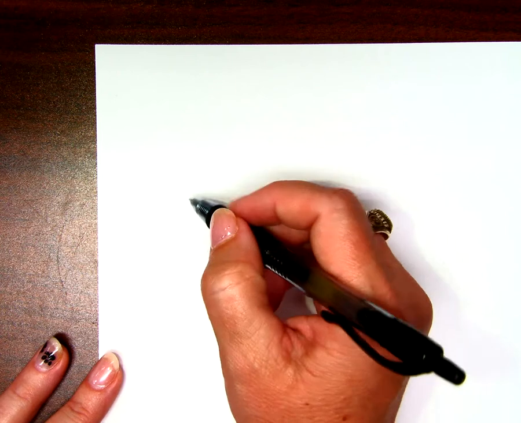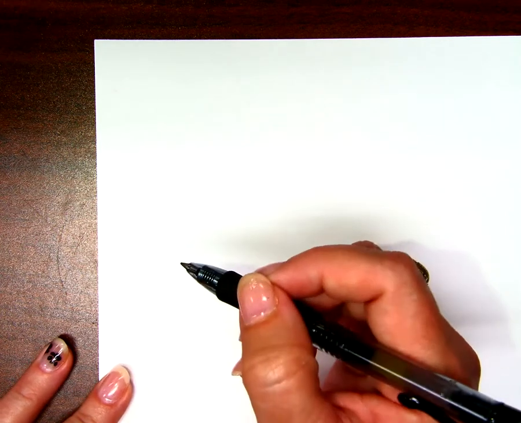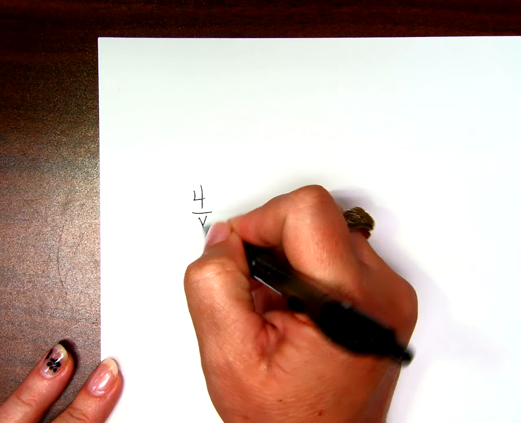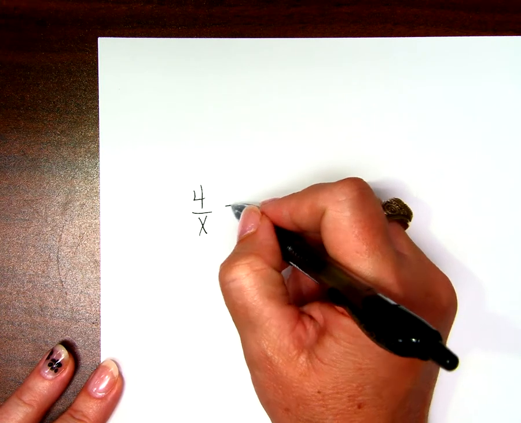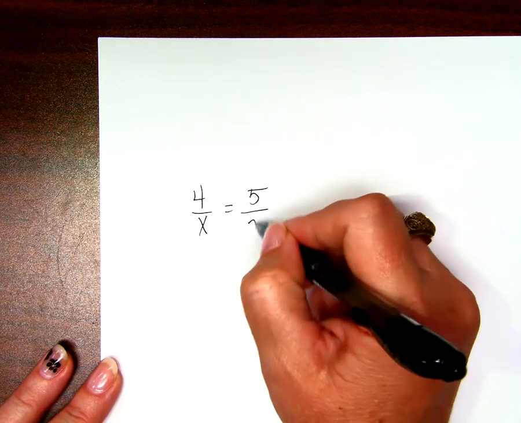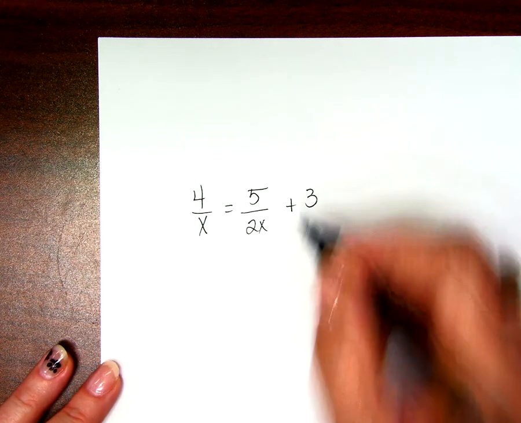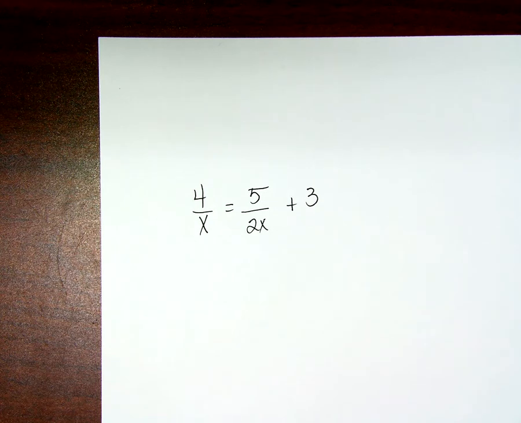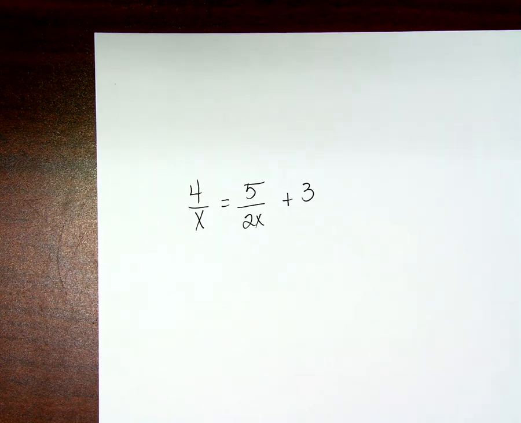So for example, just to start with, what if we have 4 over x equals 5 over 2x plus 3.